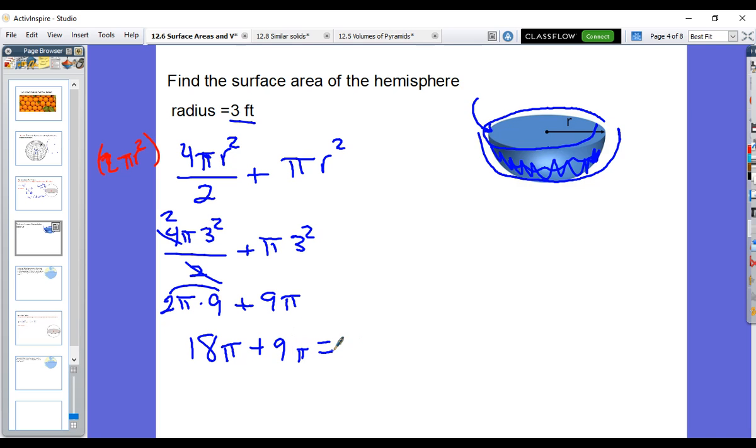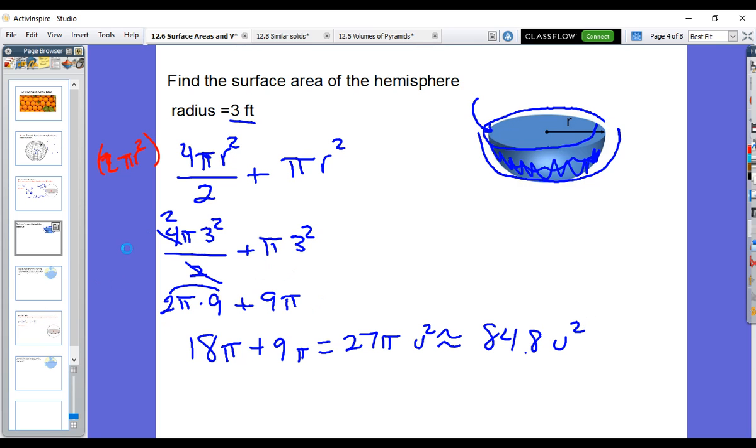To keep this in exact form, we add those two and get 27 pi. The units are squared, but let's round to 1 decimal place. 27 times pi gives us 84.82, or just 84.8 units squared. That's surface area. But let's look at volume now.